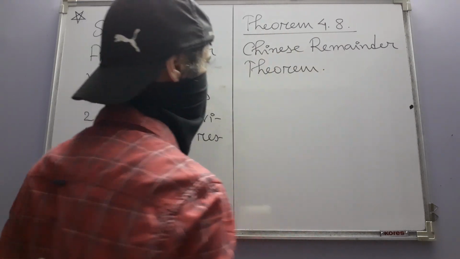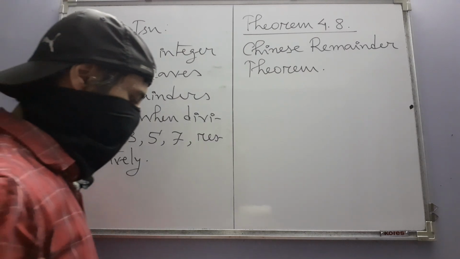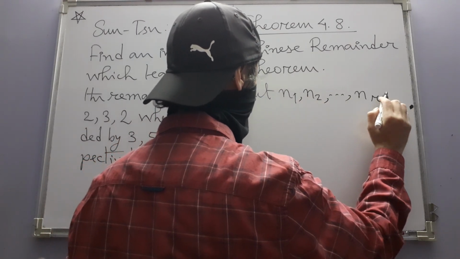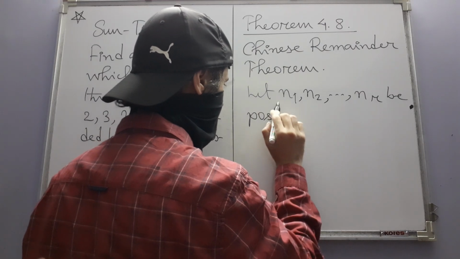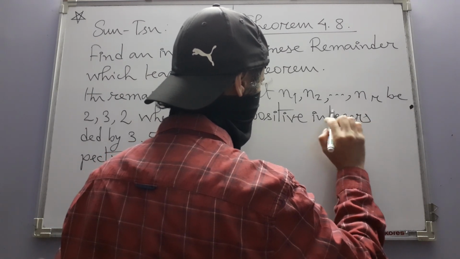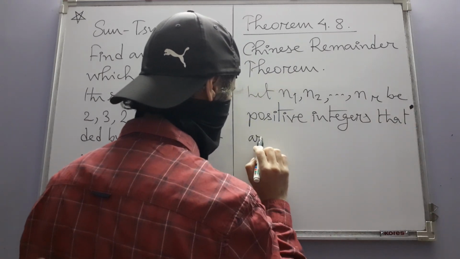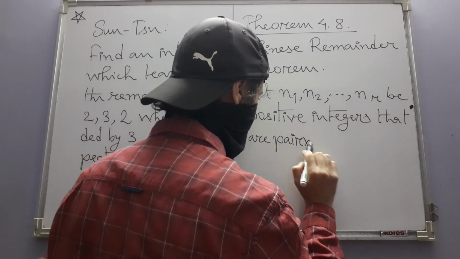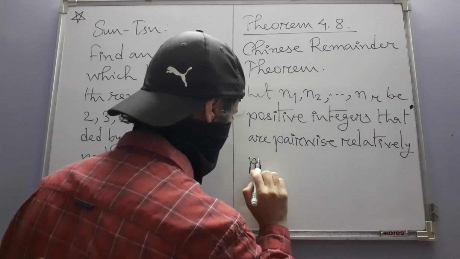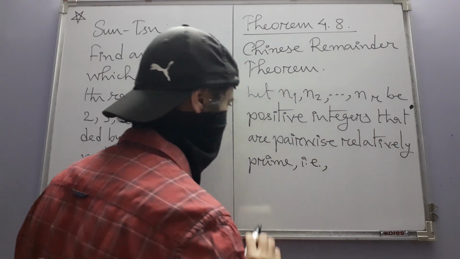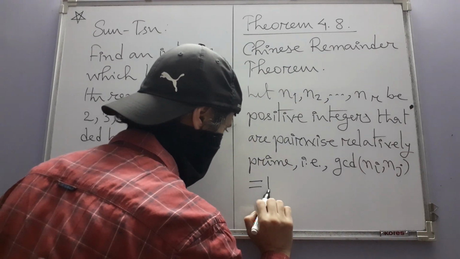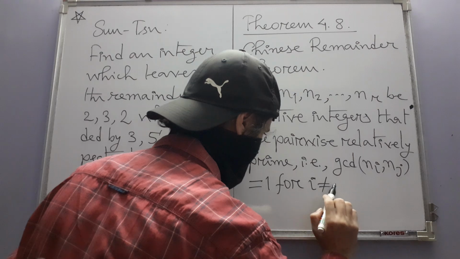Chinese Remainder Theorem. And the theorem statement is simply this: let n1, n2 and so on, nr be positive integers that are pairwise relatively prime, i.e. GCD of ni and nj is equal to 1 for all possible i and j, but distinct i and j.